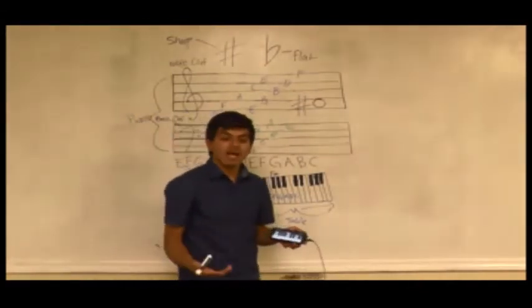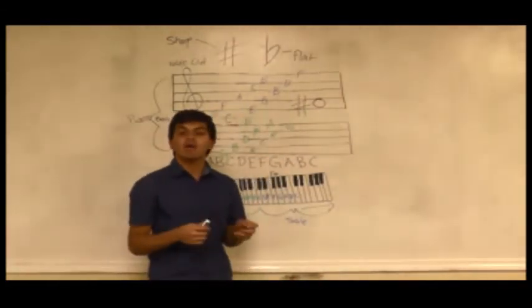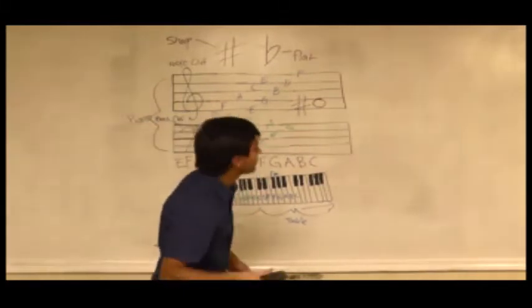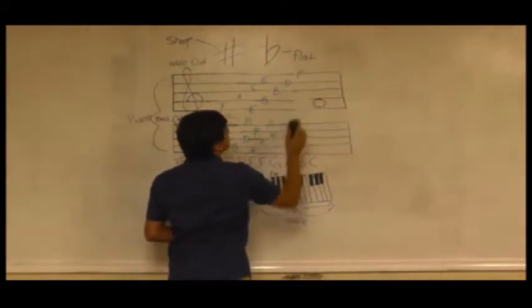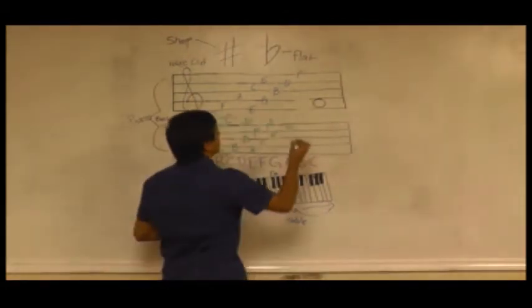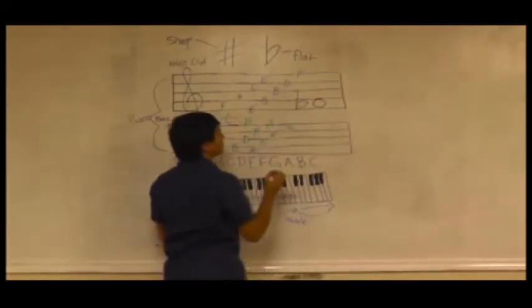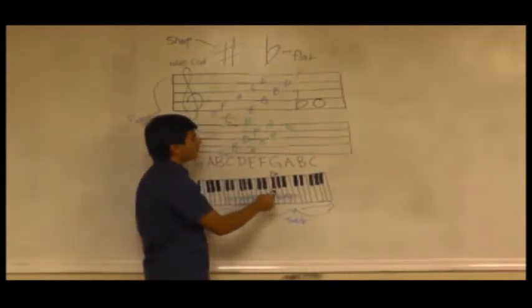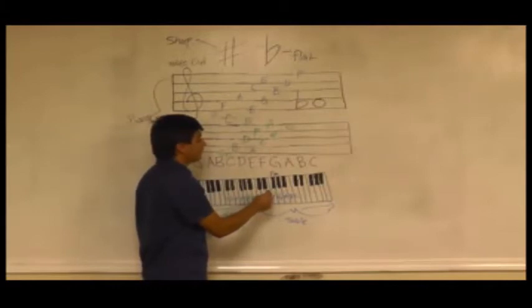Similarly, a flat also alters the note by a half step. However, we move down whenever we're working with a flat. A flat would just look like this. And so we would go back to the keyboard, F, right? This same F, but now flatted, we move down one half step to this key.